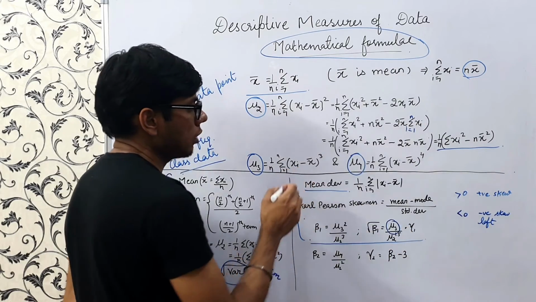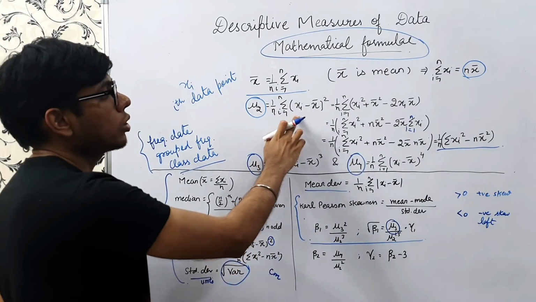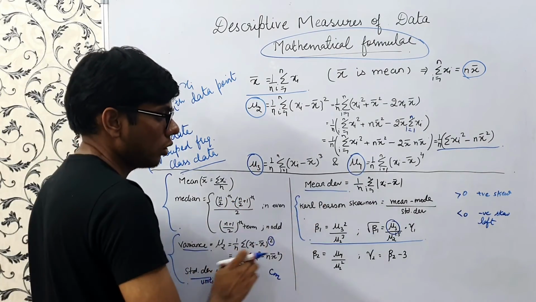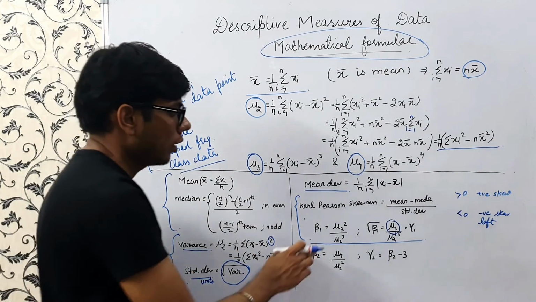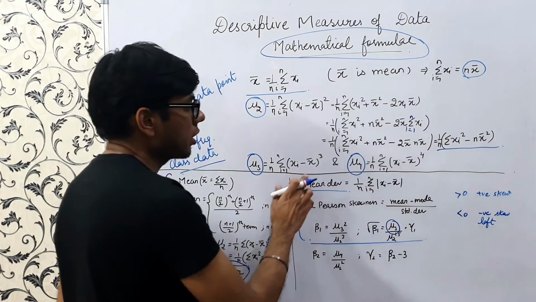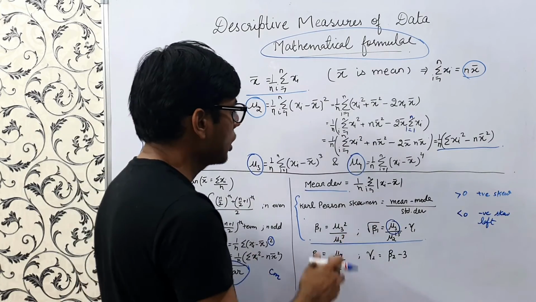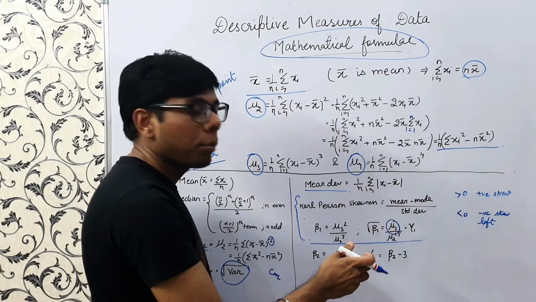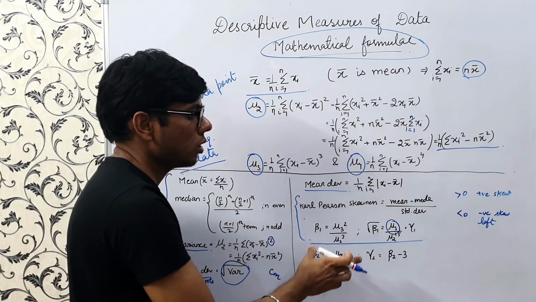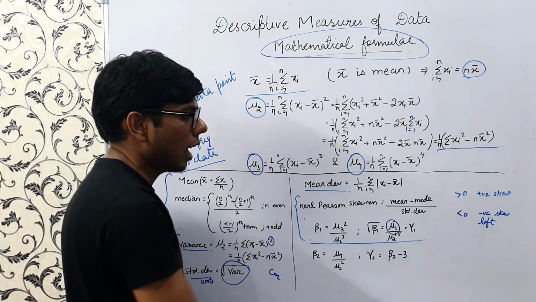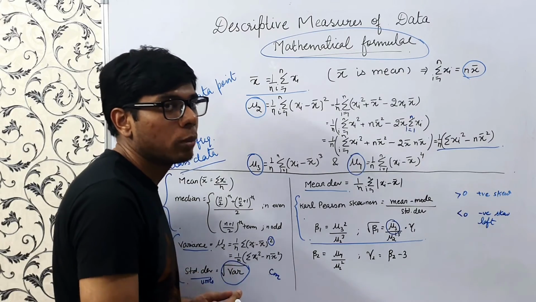Mu2 always remains positive because it's a summation of squares, but skewness can be positive or negative, because mu3 is the sum of cubes of xi minus x bar, which can be positive or negative. So if mu3 is positive, the skewness will be positive. If it's negative, the skewness will be negative. This is the quantification of skewness, and the higher the magnitude, the higher the skewness will be.